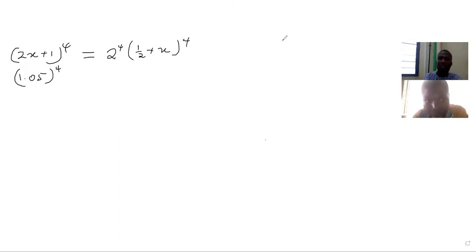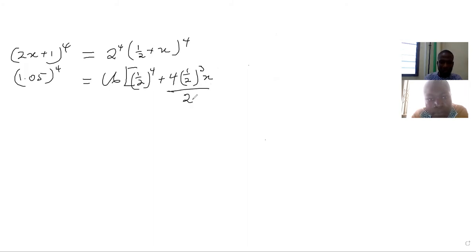Using the binomial expansion, I think this is 16, right? All right. So this is 16. Then we have (1/2)^4 x^4 plus 4 (1/2)^3 x. Then over 2 factorial, right?